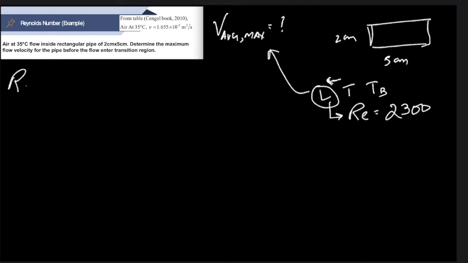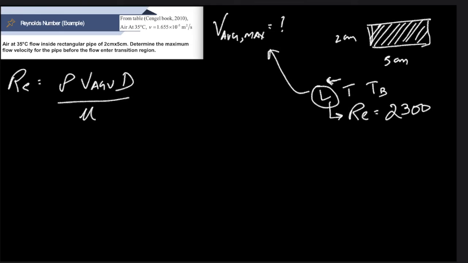Since Reynolds number is equal to rho V average d over mu, but here you can see that this is a rectangle, and for a rectangle we need to use hydraulic diameter. So I am going to add here h. Hydraulic diameter dh is equal to 4 times the area divided by the perimeter.